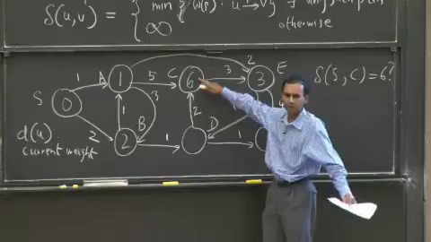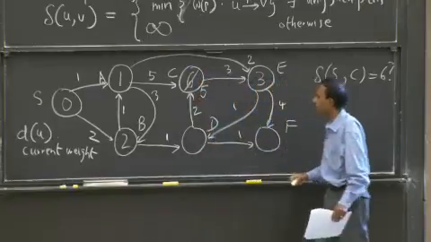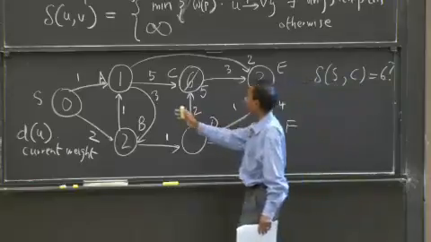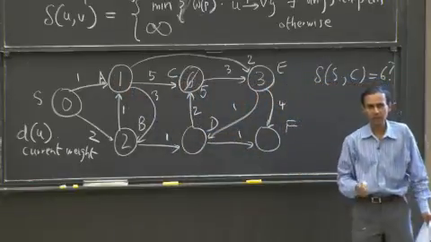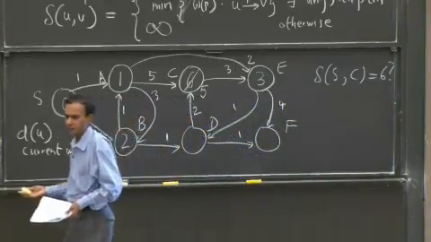And that would give me 5. So that's 5. Can I do better than 5? Not in this graph, okay? So it's not the case that the shortest length path gave you the shortest weight, the smallest weight, right?